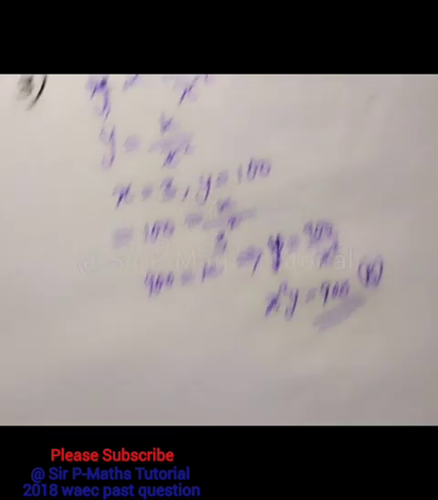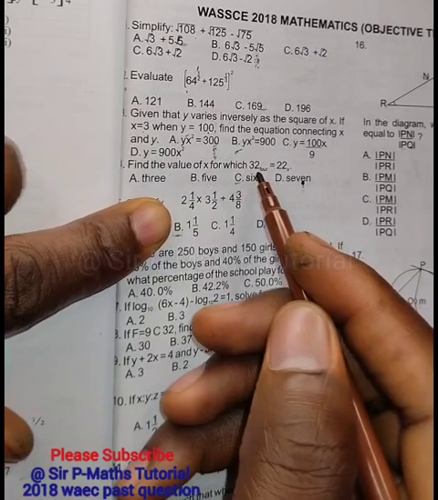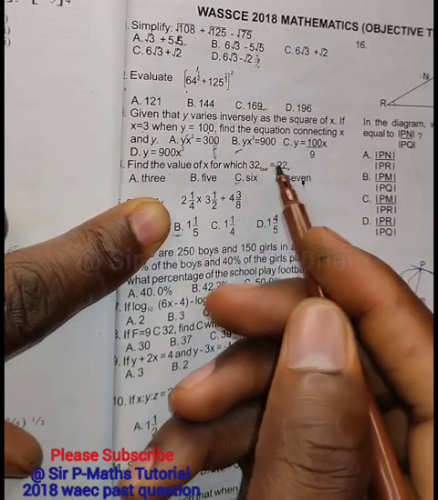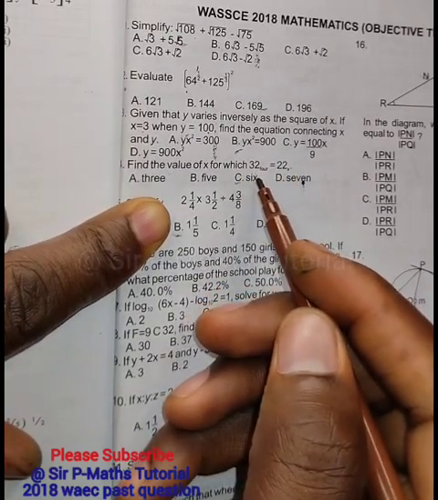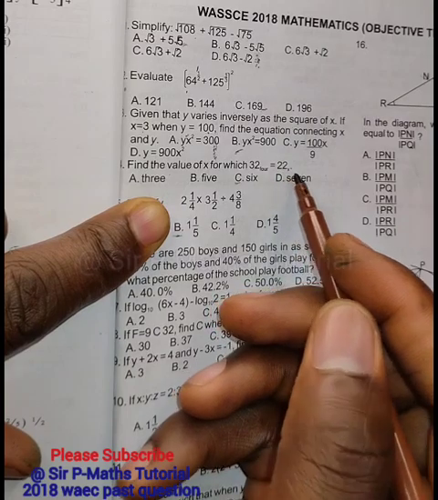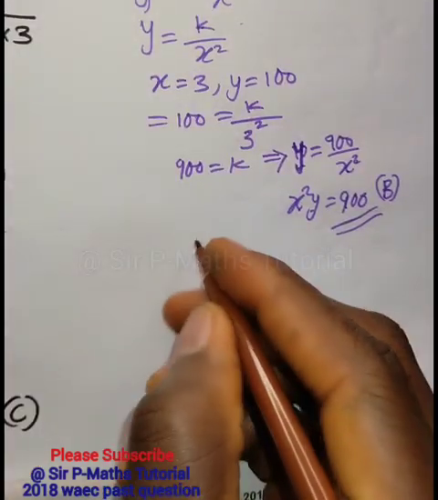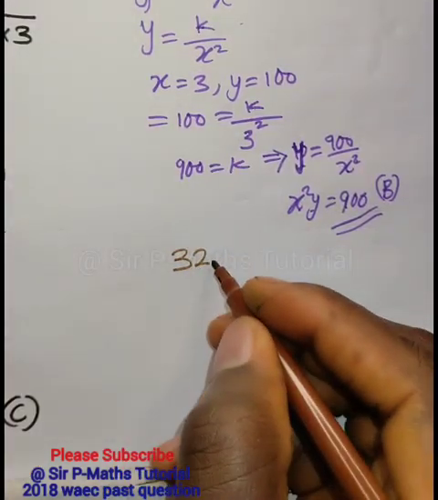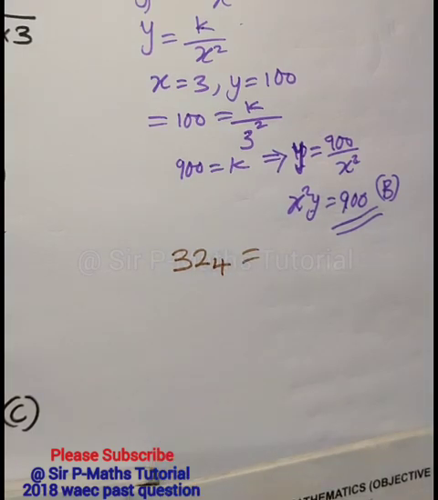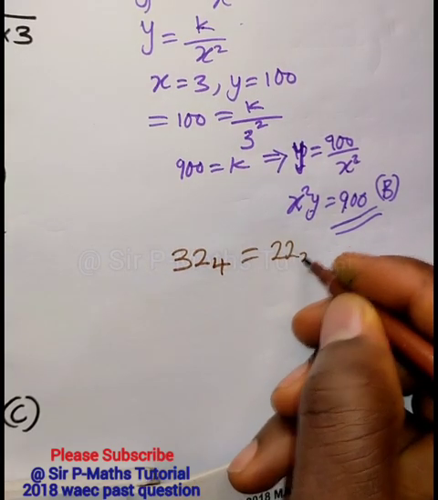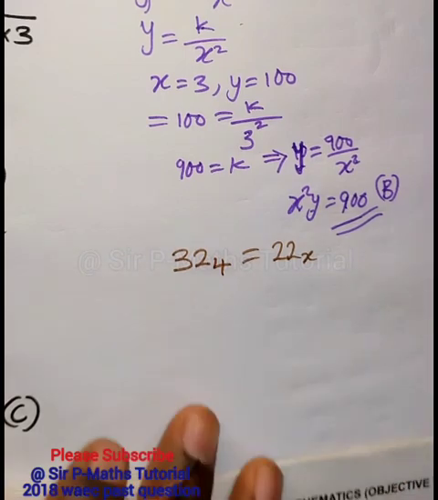Now let's consider the fourth one. Find the value of x from this expression: 32 base 4 equal to 22 base x. Alright, so we have 32 base 4 to be equal to 22 base x. This is a number base problem.